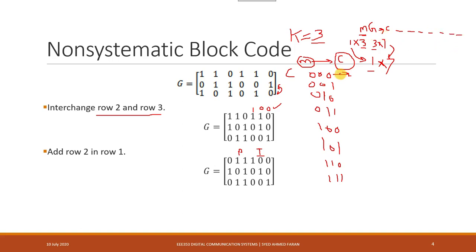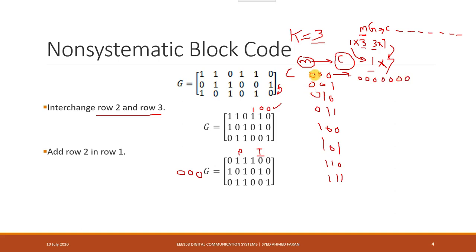Let's get the first code word. First we multiply this message with the generator matrix, the systematic generator matrix. When we multiply the first message with the generator matrix, the first answer that we get is all zeros, 7 zeros.